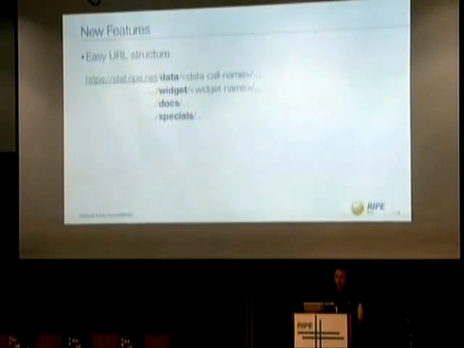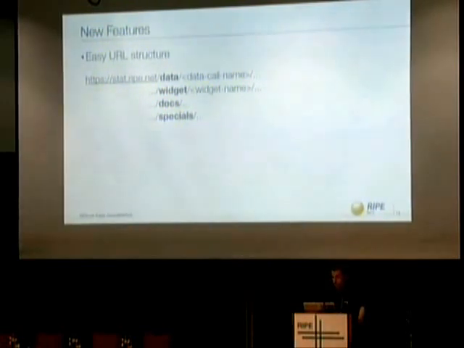Another feature, well, not a feature, that's basically to make the usage of RIPEstat a little bit easier, was the URL structure. Under /data, you will find everything that's related to the data API. Under /widget, you will find everything that's related to the widget API.